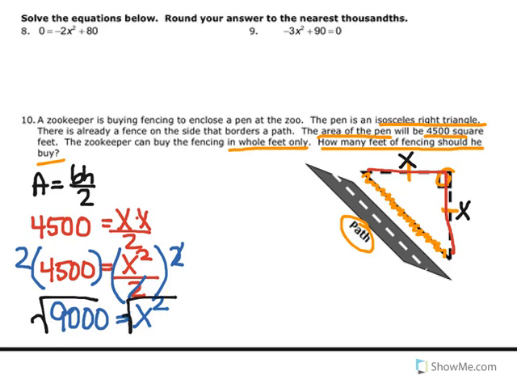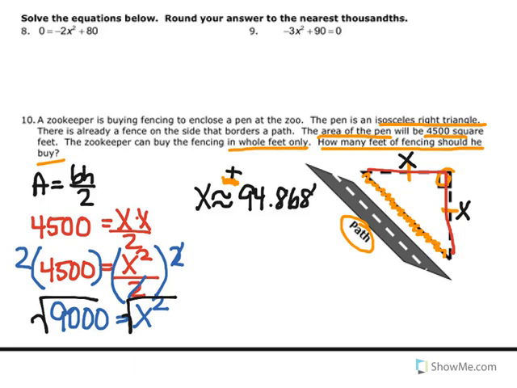Okay, so we take the square root and we find out that x is approximately equal to 94.868, plus or minus, right? But since this is a length, we are going to ignore the negative solution and only keep the positive.